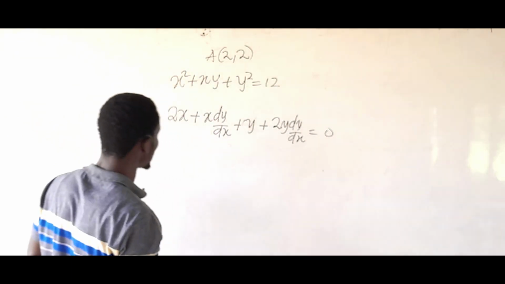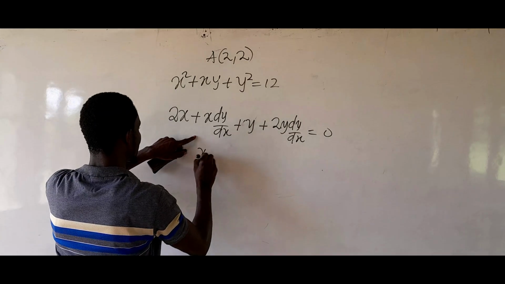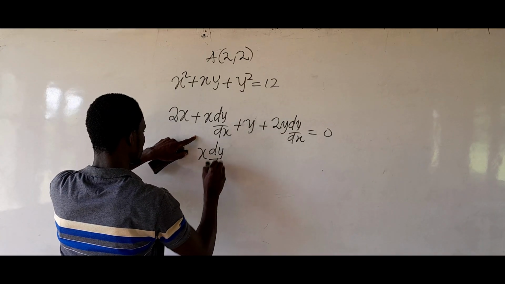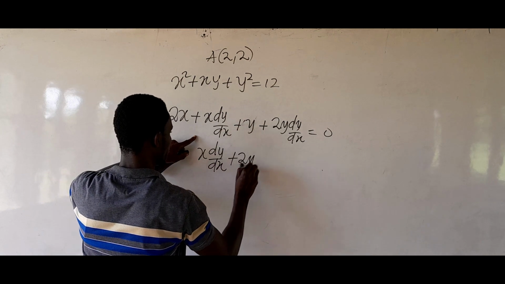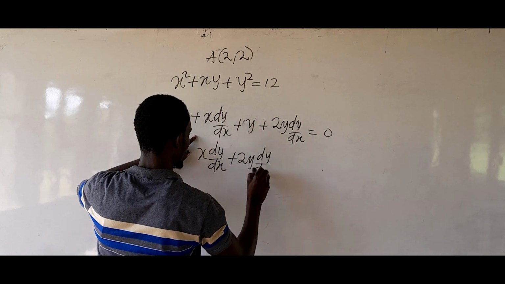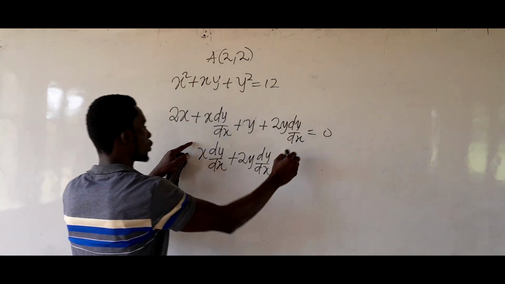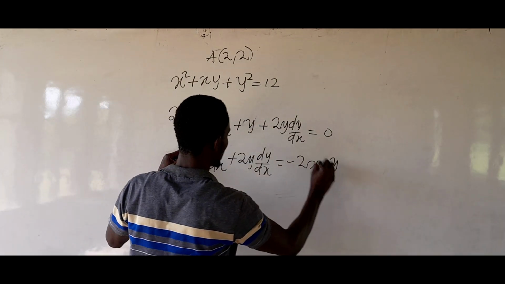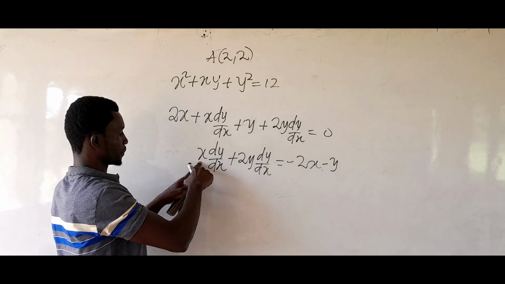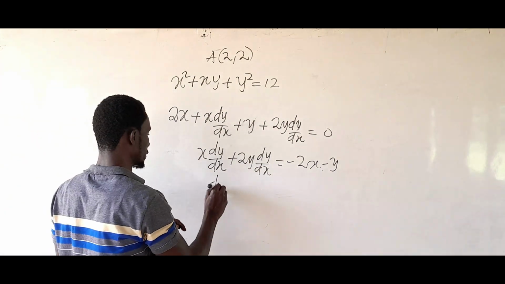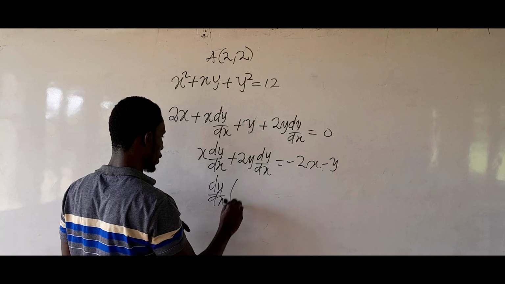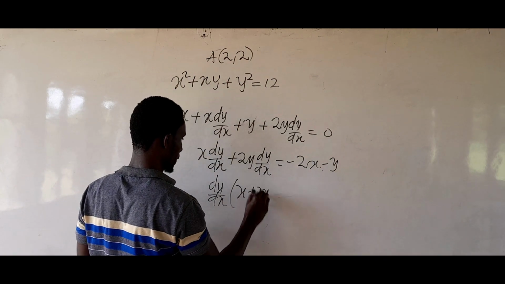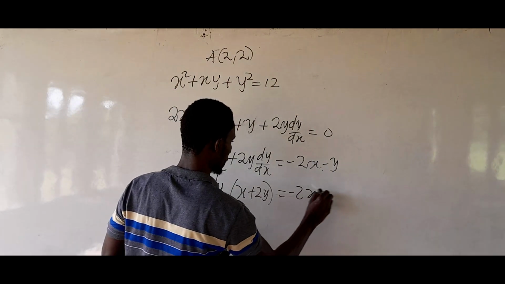But if you want to follow the procedure, you get x dy dx plus 2y dy dx equal to negative 2x minus y. Then you factorize dy dx out: dy dx multiplied by x plus 2y is equal to negative 2x minus y.